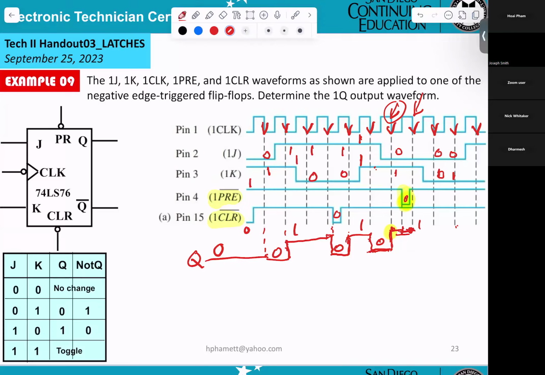And when they get the clock, you see J is 0, K is 1, so Q will be 0. Up to this clock, you get 0, 0, no change. And before this clock, you get 0, 1, so 0.